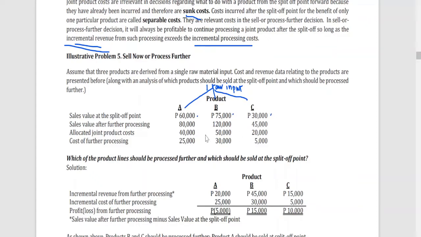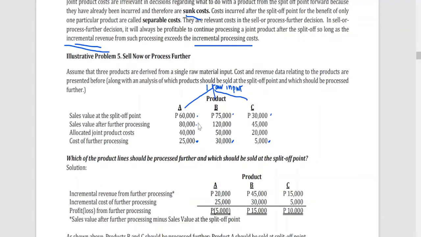But if the company decides to process it further and improve the product or himuon siyang into another product, then it will entail further processing cost of 25,000 for A. For B, kung imuhan na po siyang i-process further, maka-entail siya og 30,000. And for C, 5,000. And what would be the expected revenue kung i-process further?